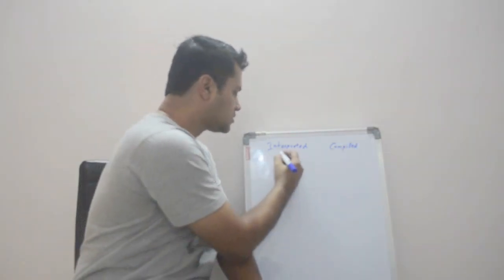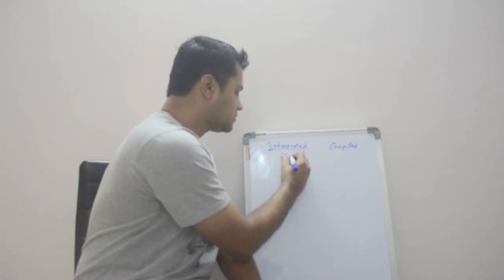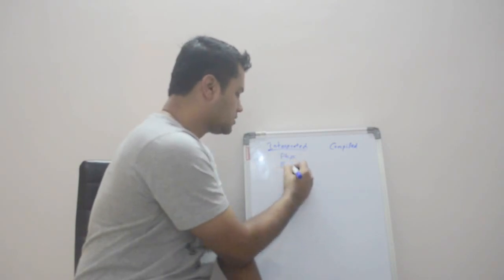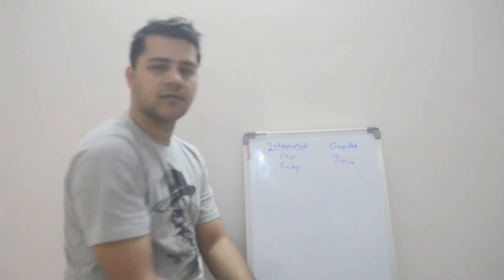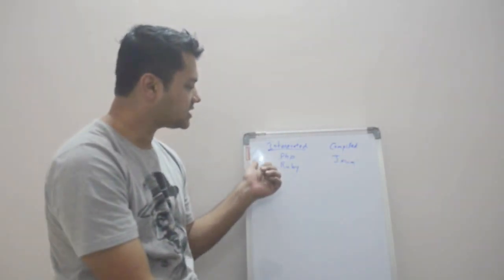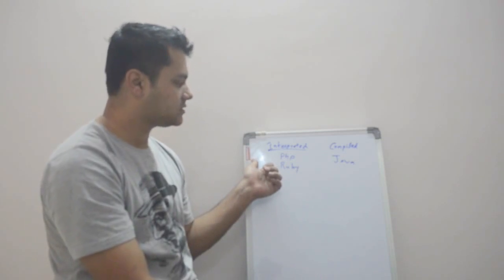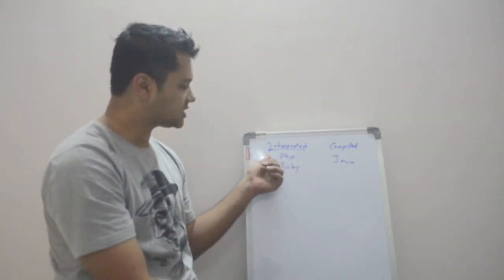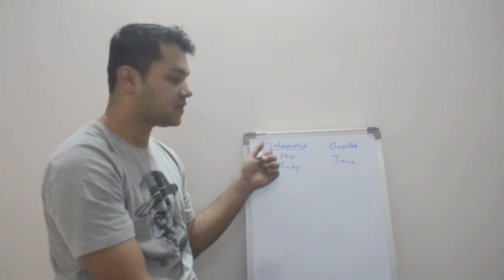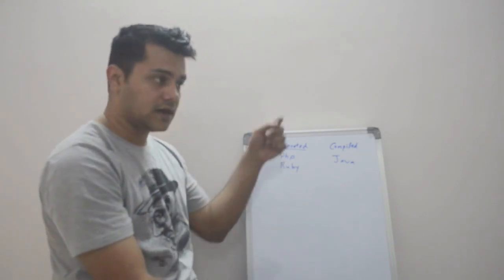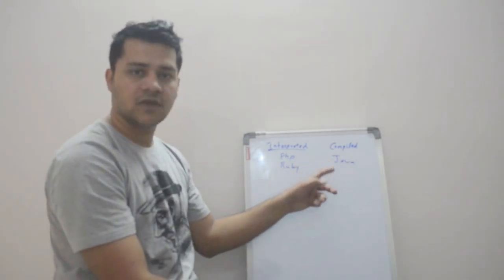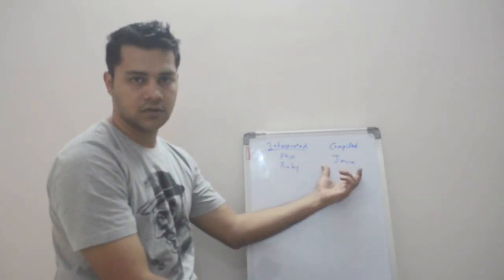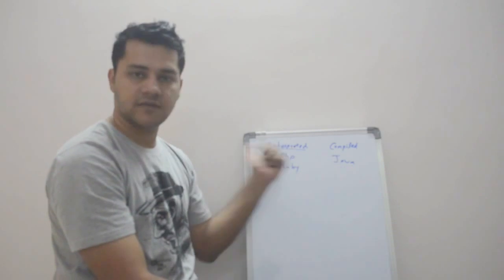Interpreted languages can be PHP, Ruby; compiled is Java. There are other examples also. The difference is whenever a request comes to the server, an interpreted language will, at that particular time, interpret the code and give the response. While in the case of a compiled language, we already have the compiled code, so when a request comes, we give the response.